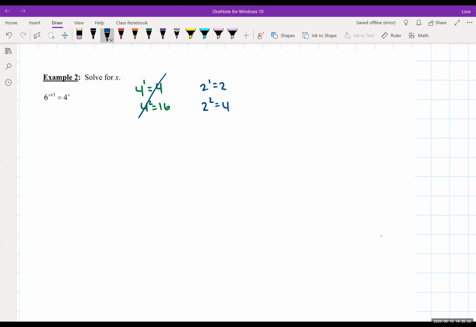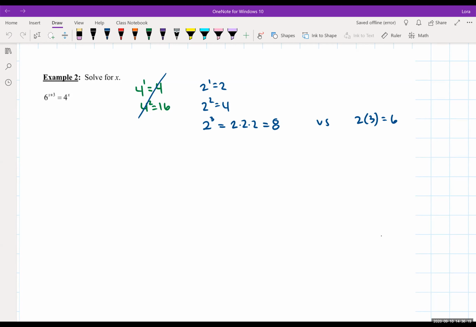You have to be really careful because we have to do this in terms of powers. If I take 2 to the third, remember this is 2 times 2 times 2, which is 8, not 6. Be careful because there's a difference between 2 to the third versus 2 times 3. That's a really common mistake that we make when we're going a little fast.